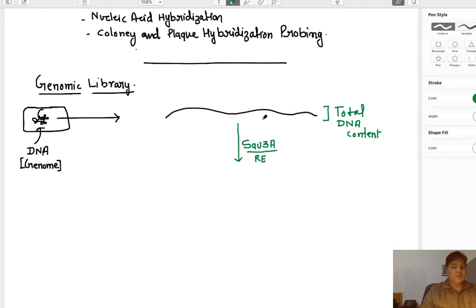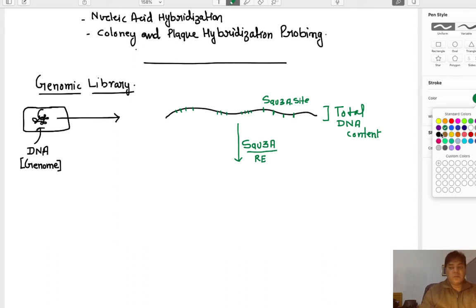So this restriction endonuclease enzyme will have some SAU-3A sites on this DNA molecule. These SAU-3A sites will be present after small intervals on this total DNA. So this restriction endonuclease enzyme will cleave the whole DNA into small fragments.